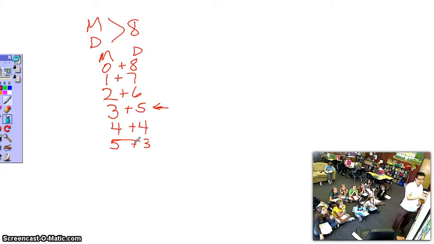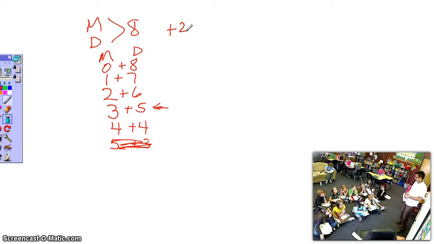Okay, so this one's not really even needed because my second clue says that one person has 2 more than the other person. Look at these combinations of numbers and find one where one of the numbers is 2 more than the other number.